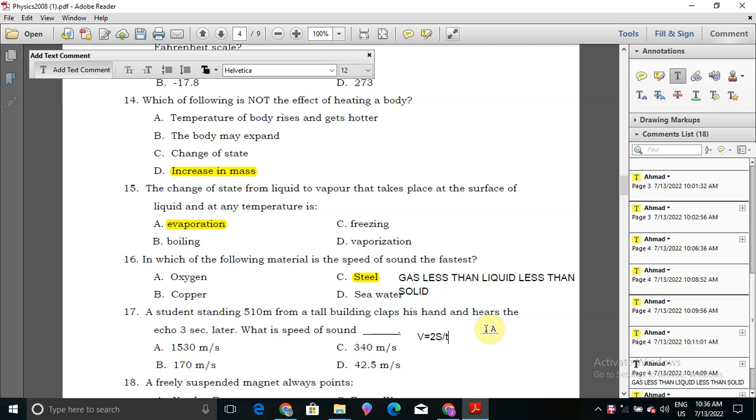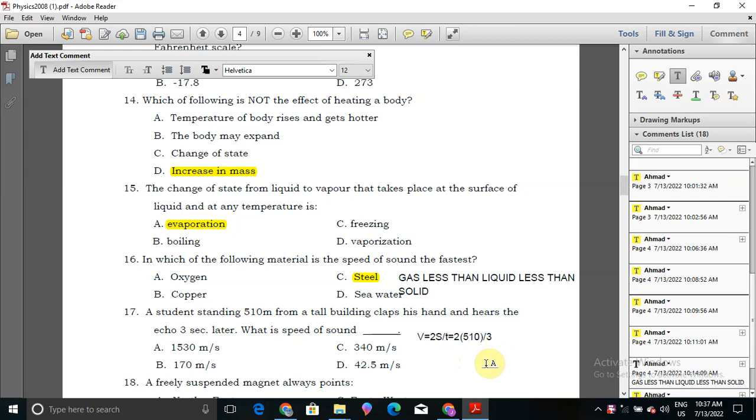So when we place the numbers in place of their symbols, it will be 2 times 510 over the time taken, which is 3 seconds. So V is equal to 2S over T, that means 2 times 510 over 3.